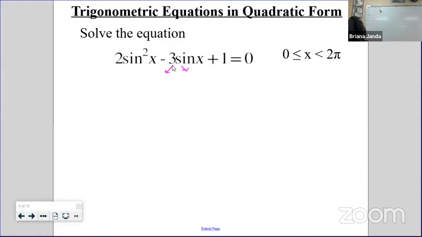And so we think about breaking -3 sine of x into 2 numbers that add up to -3, whose product would be the same as 2 times 1. So 2 times 1 is 2. And breaking the -3 into 2 numbers that would be like 2 and 1.